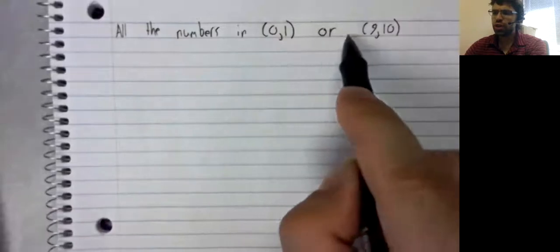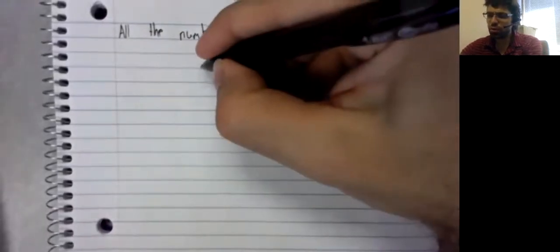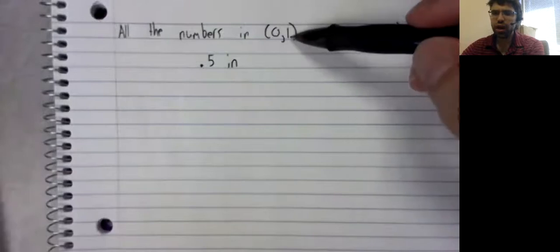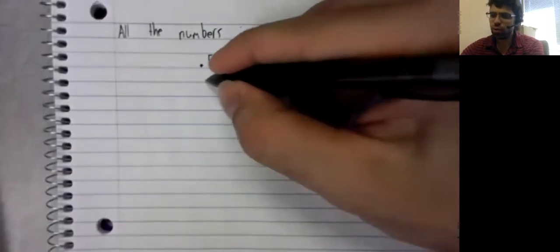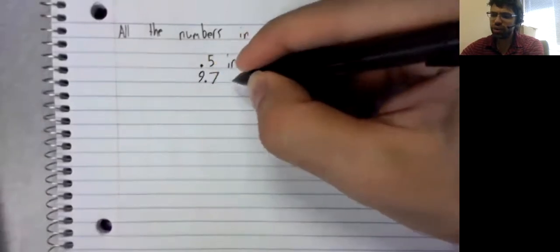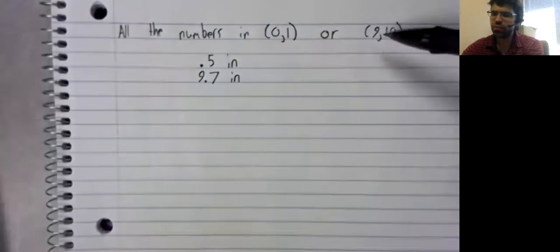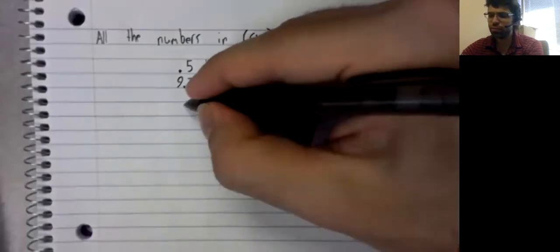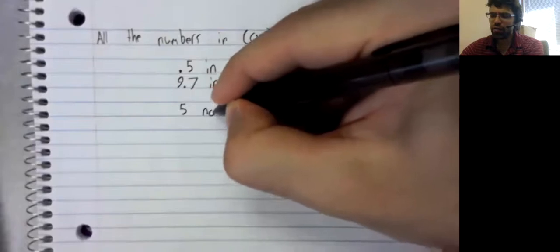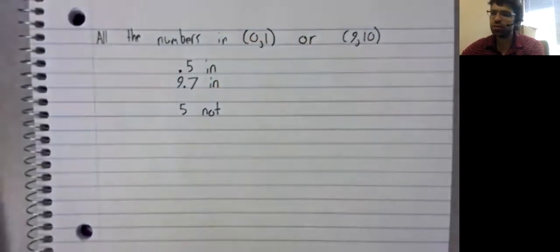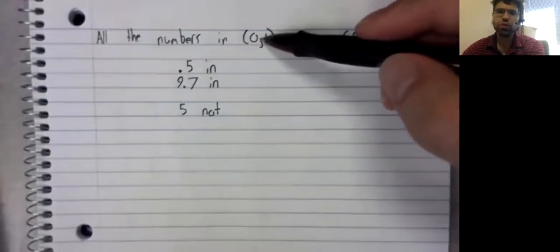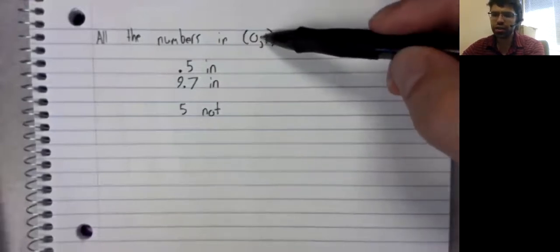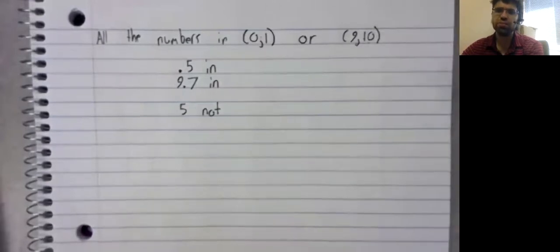So just looking at this set of numbers, 0.5 is in it, because 0.5 is in this interval. 9.7 is in it, because 9.7 is in this interval. 5 is not in it. 5 is not in this interval, and 5 is not in this interval. It's not in this or this.